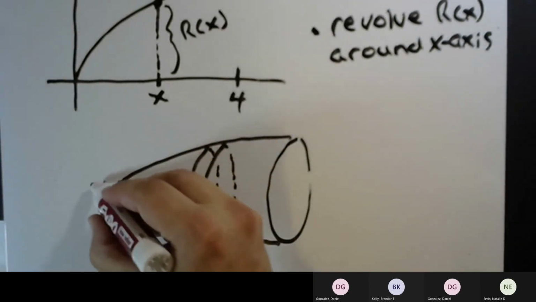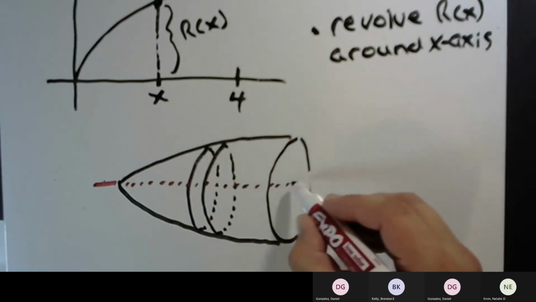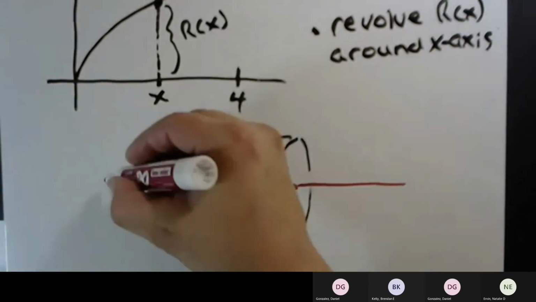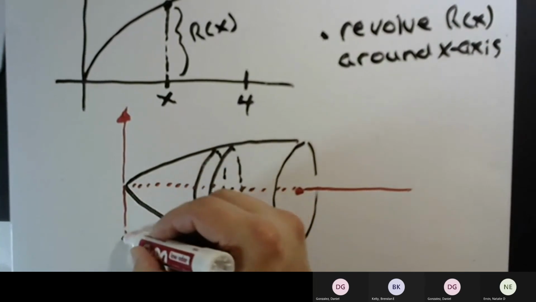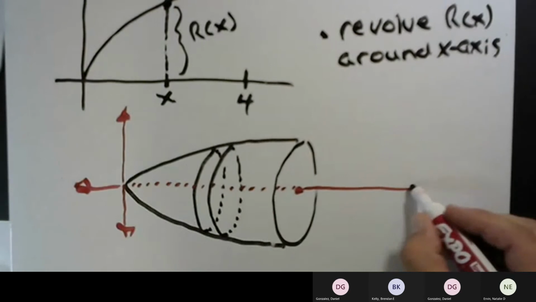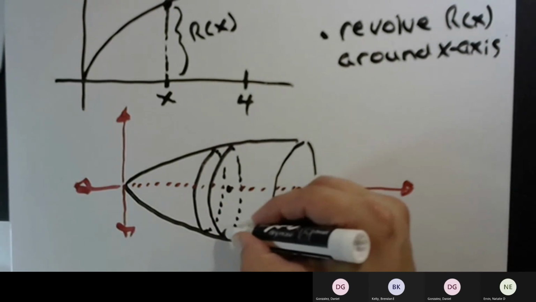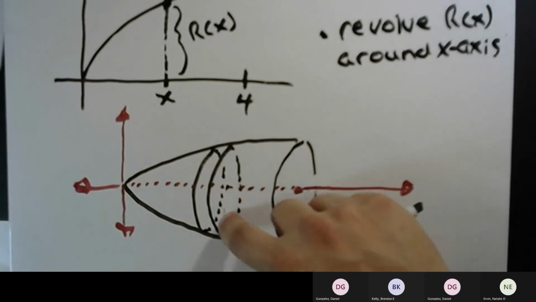So here's our x-axis. Pokes out through here. There's our y-axis. Again, pardon some artistic license here. Let me do it on this side.